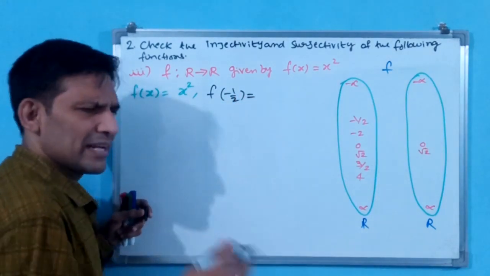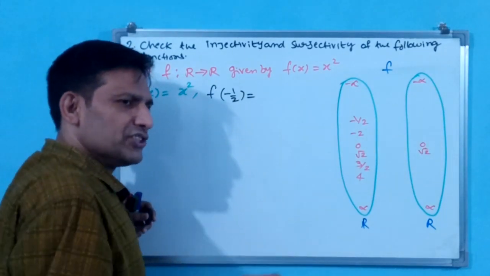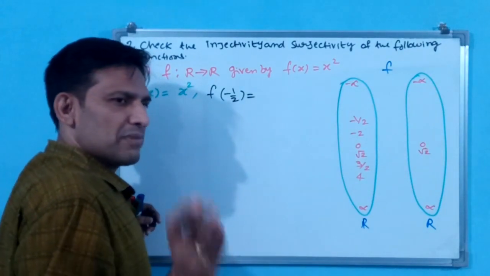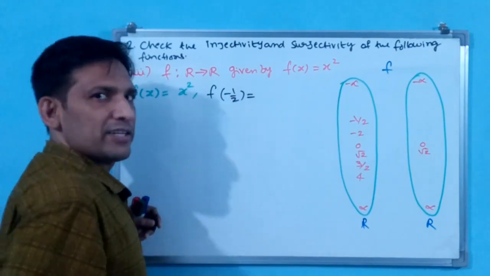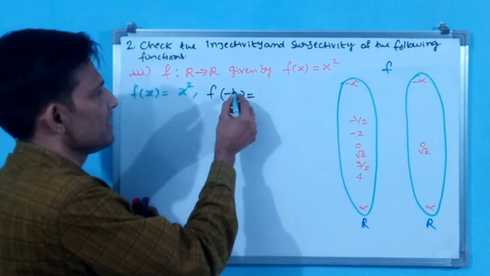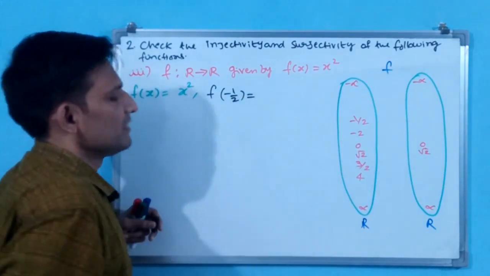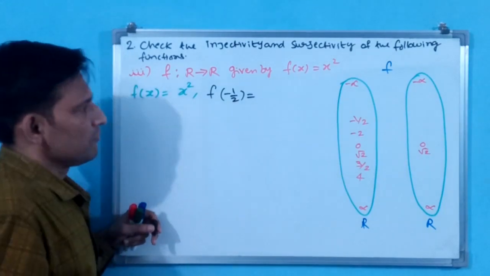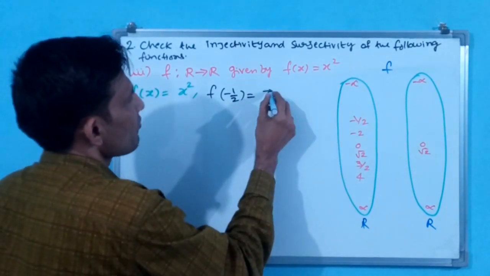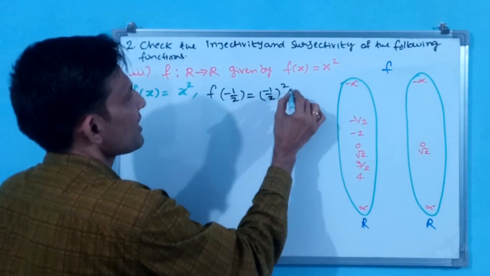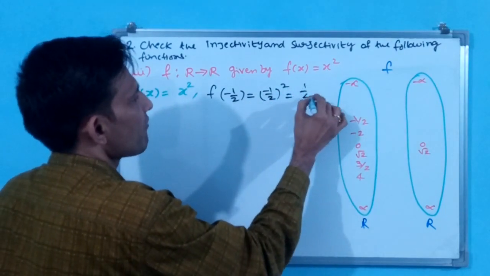Why? Because see, in earlier cases we have taken natural numbers and integers. Now we take a rational number. This is a rational number, minus 1 by 2. Now square you have to make, minus 1 by 2 whole square, that is equal to 1 by 4.